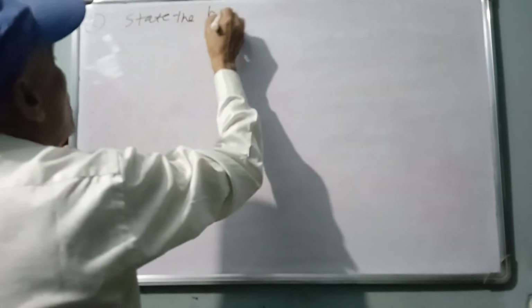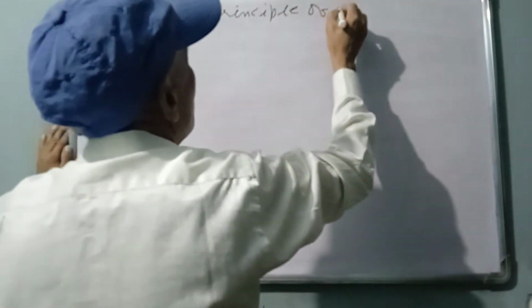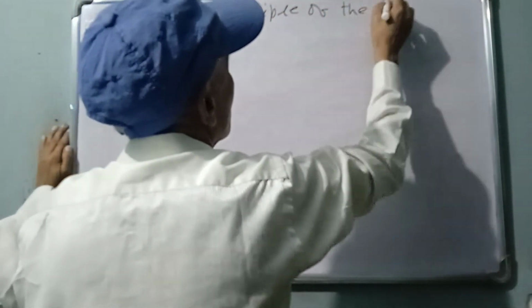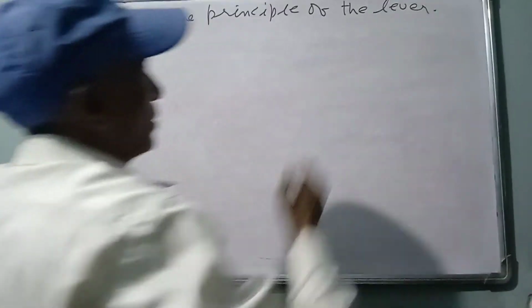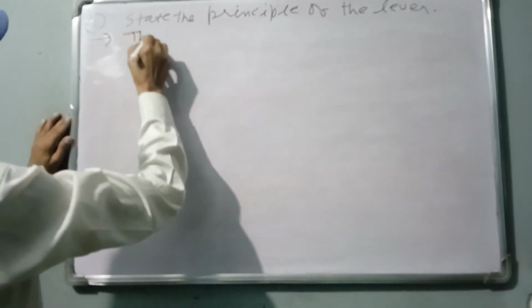State the principle of the lever. अर्थात् उत्तोलनको सिद्धान्त के हो, किन प्रयोग गरिन्छ, अर्थात् उत्तोलक when we use the lever, what is there, what happens while we use the lever, के हुन्छ त्यसमा, लिभरमा के हुन्छ। अब हेरौँ, state the principle of the lever.